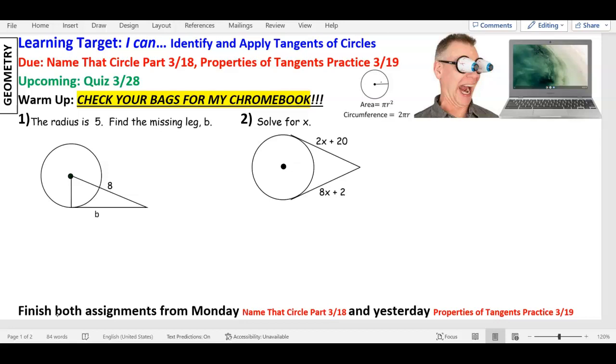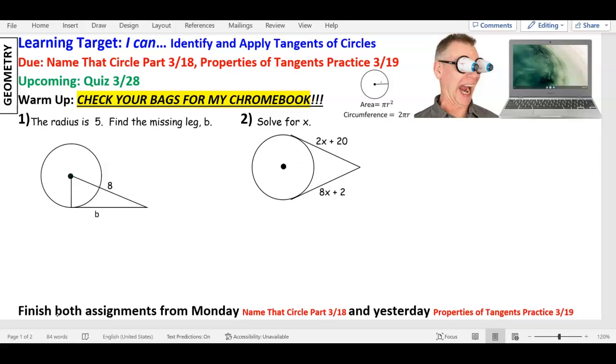All right, number one, take a look. We learned yesterday on the notes, if you have a radius, you'll see right here in the middle of the circle goes to the edge.